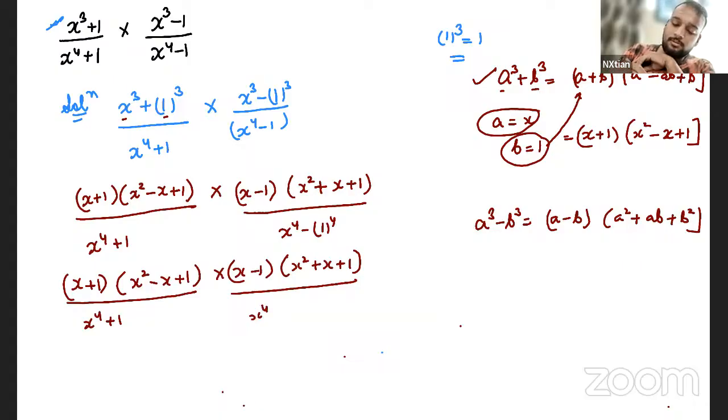Now can I write it like this? Yes or no? I just split the power.